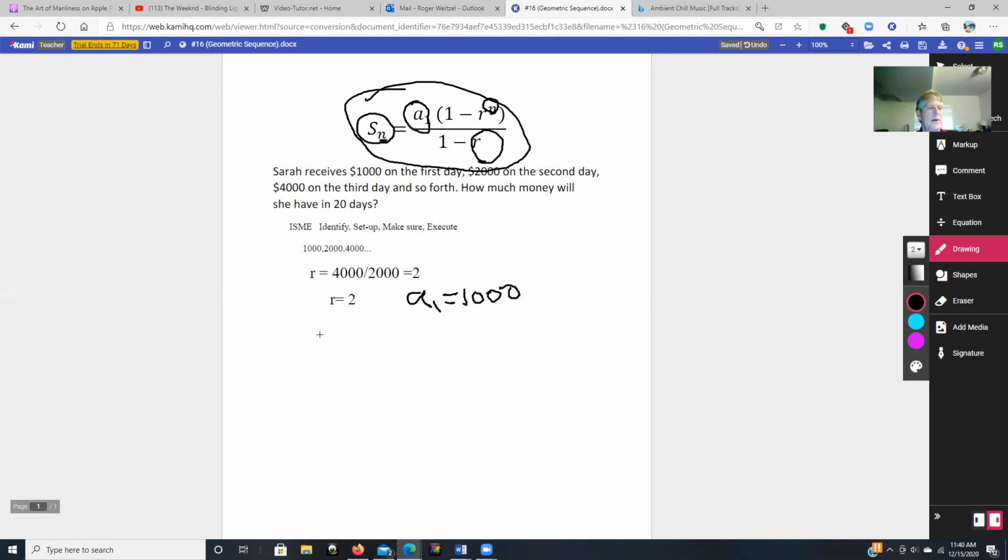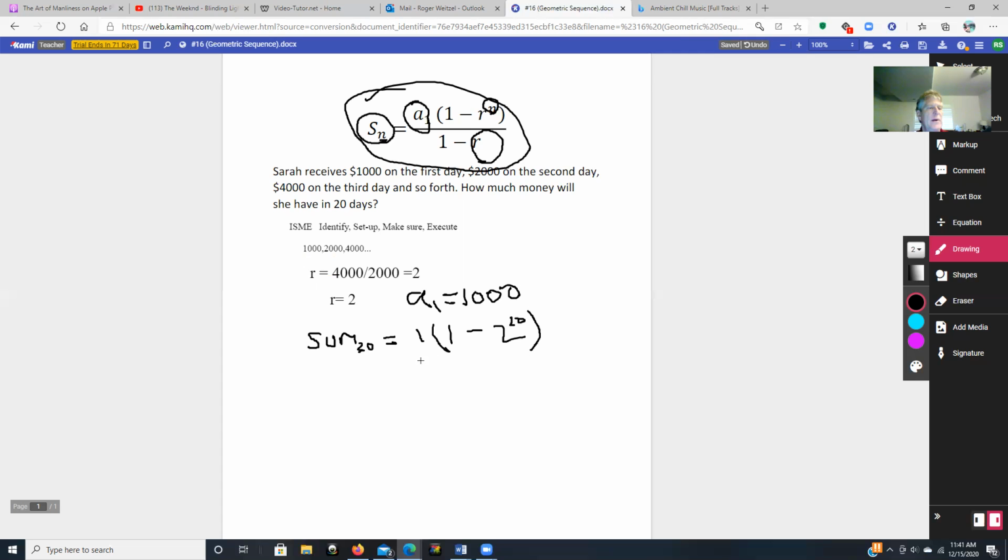So we're going to say that the sum after 20 days is going to be equal to A1, so we're going to have 1,000 times 1 minus the rate. So we have 2. We're raising it to the nth power, so it's 2 to the 20th power.